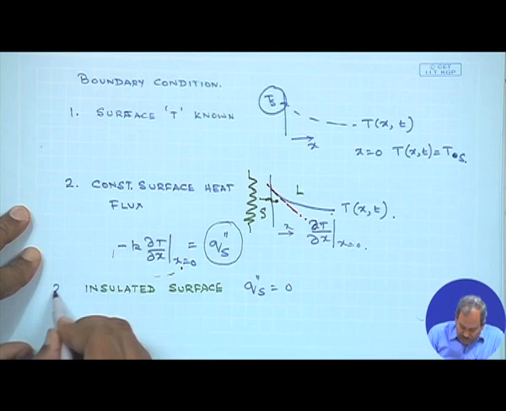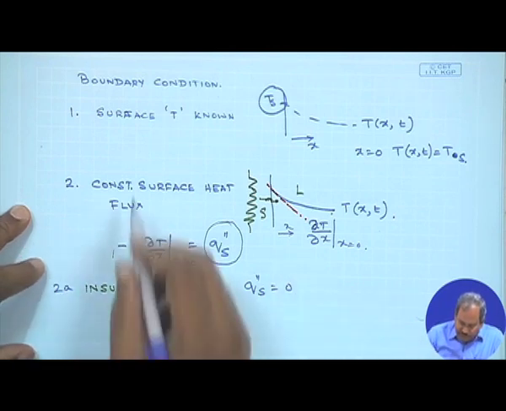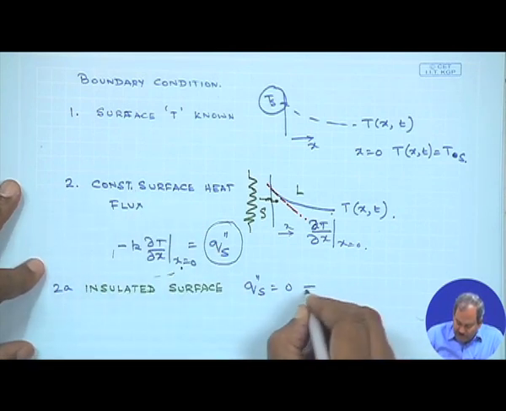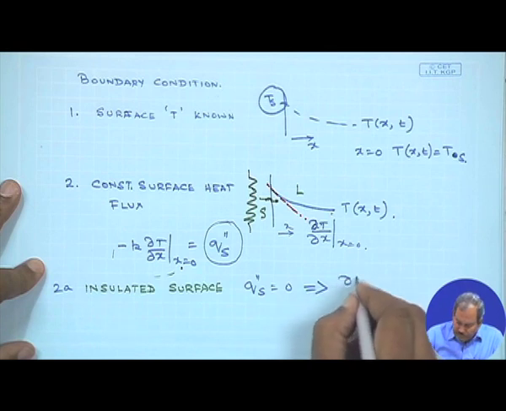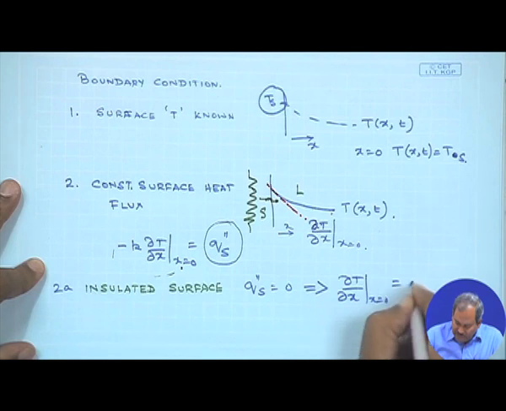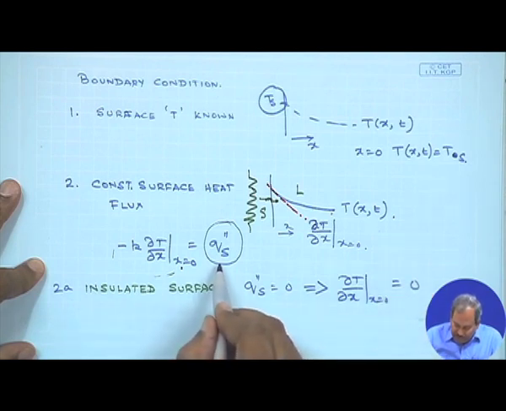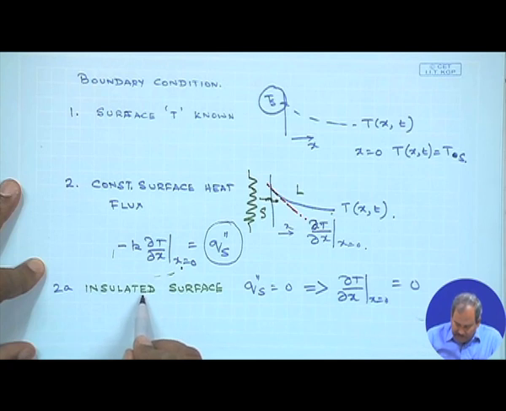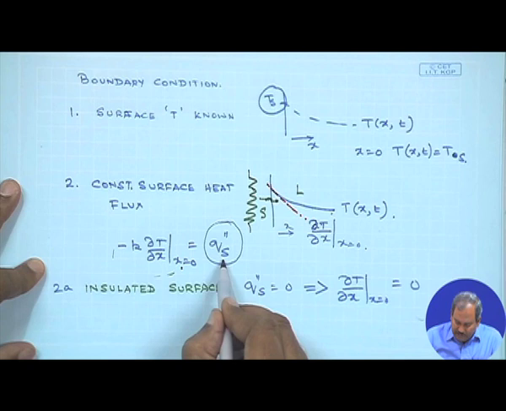So, I call it 2a. It is a special case of this. This would give rise to del T by del x at x equals 0 being 0. If by some means you could insulate a surface perfectly, which is an idealized condition, then no heat can cross this interface, q s double prime is 0.